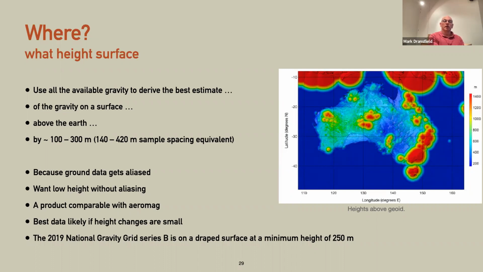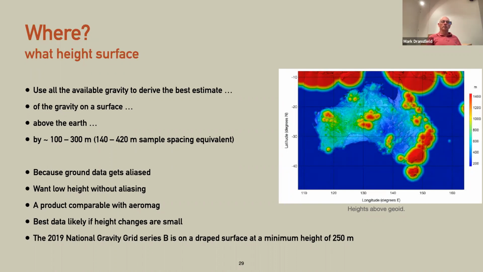But it's also because, if you grid ground gravity data directly from the ground, you introduce some aliasing. If you go up a little bit first, then you minimize the aliasing. You do want a product that's comparable, I think, at the end of the day with AeroMag, and that's a similar height to the height that the AeroMag's flown at.